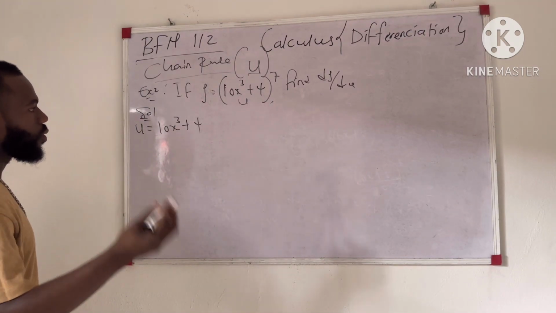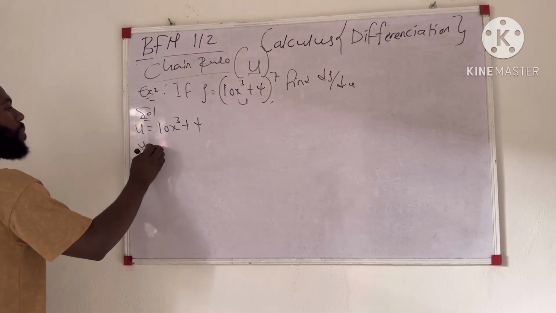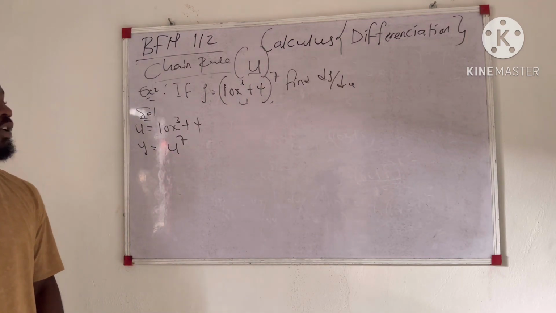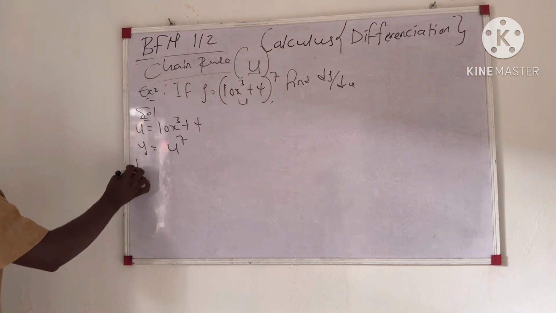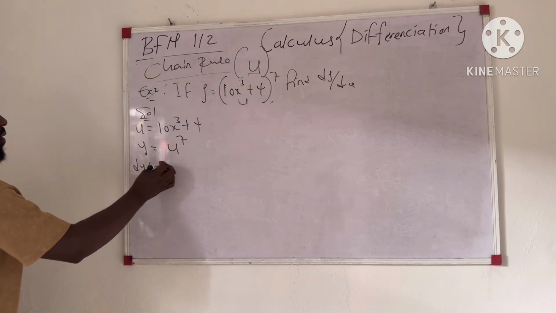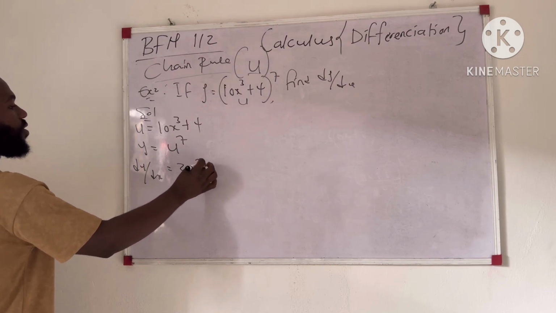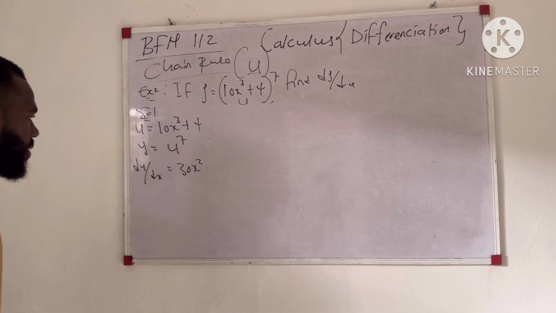Now if u is that, our y becomes u raised to the power of 7. Simple. So what did I say we differentiate here now? The du over dx. If I differentiate 10x raised to the power 3, I will get 30x raised to the power 2. And if I differentiate 4, I'll get 0.